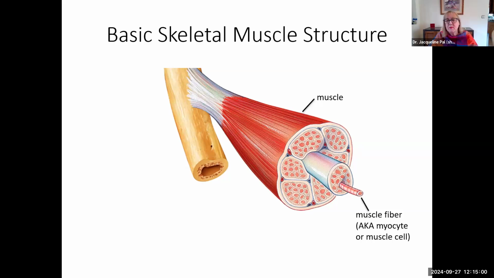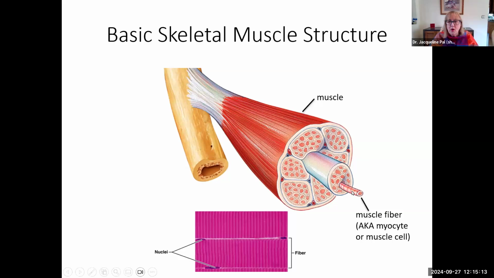Okay, so I'll probably be using myocytes and muscle fibers when I'm talking about a muscle cell. We just don't use the term muscle cell very often. And so this myocyte is the same thing that you have been looking at previously with the nuclei pushed off to the side of the cell over there, the striated muscle fiber.